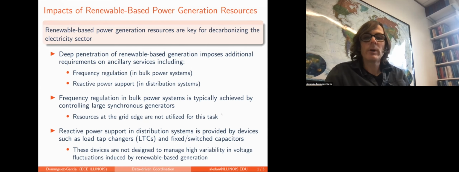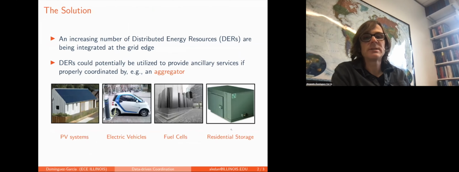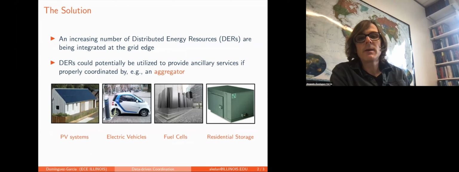In general, we call all those small resources distributed energy resources. And like I said, they are being integrated at the grid edge, many times behind the meter and so on. Those resources, if they are coordinated properly, for example by an aggregator, could provide the services that I was mentioning. Other DERs include electric vehicles, fuel cells, residential storage, and so on.